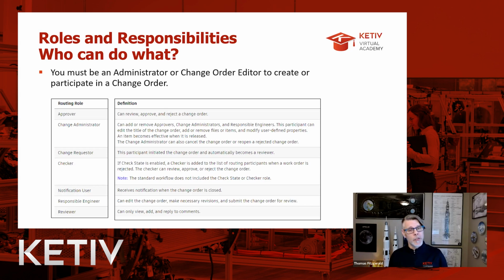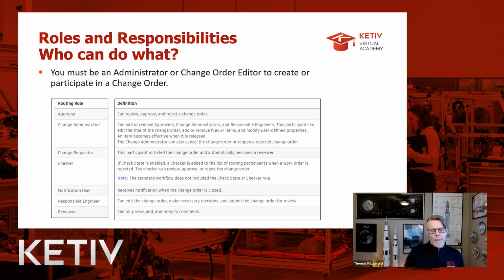Maybe they can create additional users, or maybe as an administrator, or maybe they're just going there to review information. They can't check in and check out at all. They can only look at information. So we have many different roles inside of Vault, and combinations of roles that provide different levels of permission and control over our users. Within change orders, within the change order editor, we have additional roles and responsibilities that are very specific to change orders.